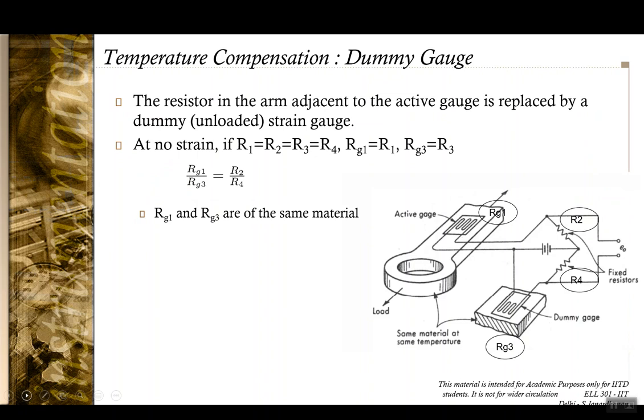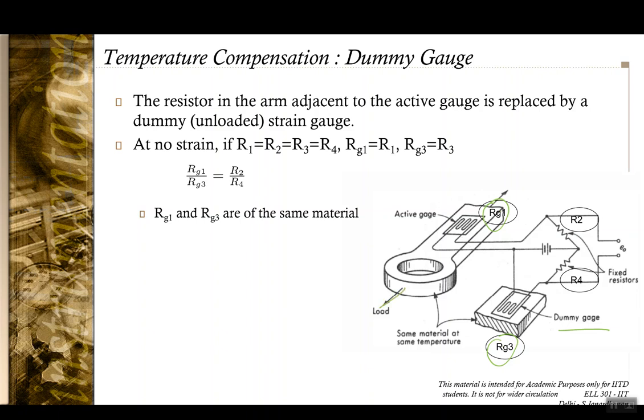Okay. So here you have 4 arms of the Wheatstone's bridge. 2 arms R2 and R4 are usual resistances. They are not strain gauges. And Rg1 and Rg3, 2 adjacent arms, are strain gauges, where Rg1 is the active gauge and Rg3 is going to be a dummy gauge. They are made of the same material with the same temperature coefficient of resistance.